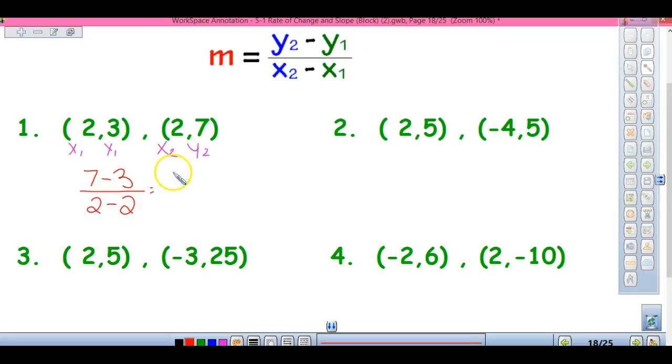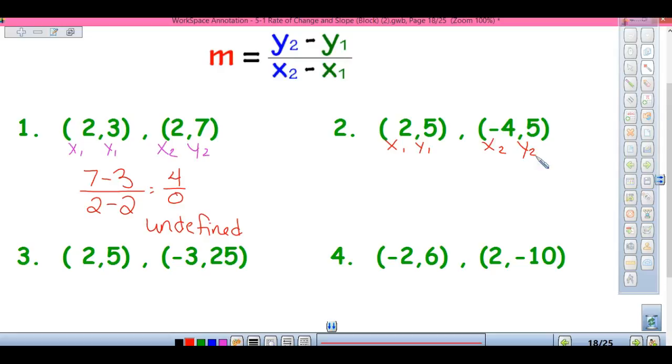So on the top, 4 over 0. Anytime I get 0 on the bottom, my slope is undefined. Very good. Okay, undefined.